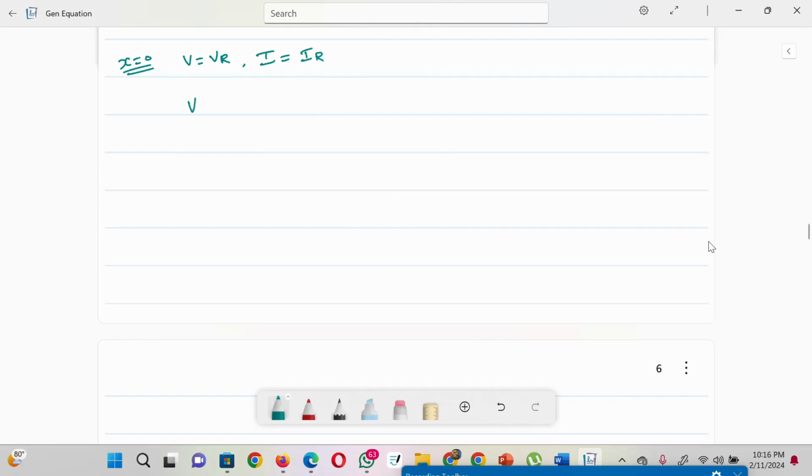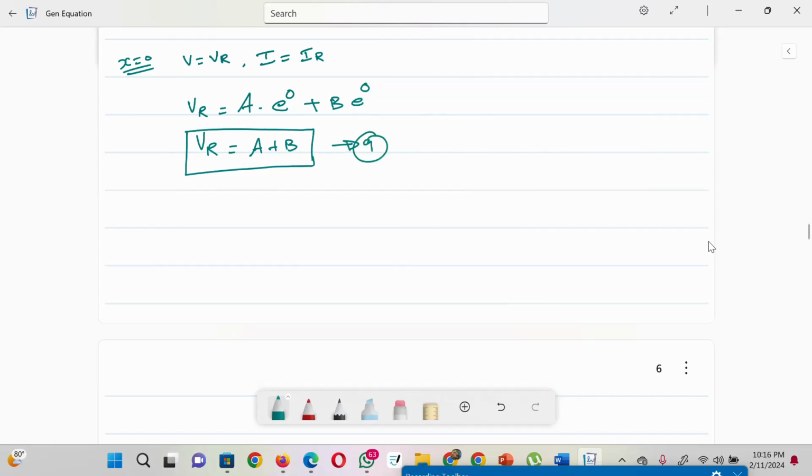So already we know that v equal to vr equal to a into e power 0 plus b into e power 0. V suffix r equal to a plus b. This is another equation, a plus b, equation number 9. Then ir equal to c into e power 0 plus d into e power 0. So ir equal to c plus d.